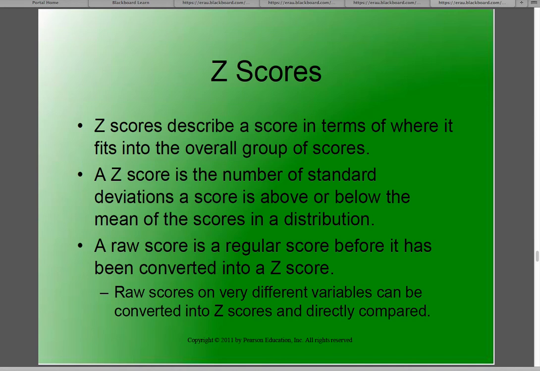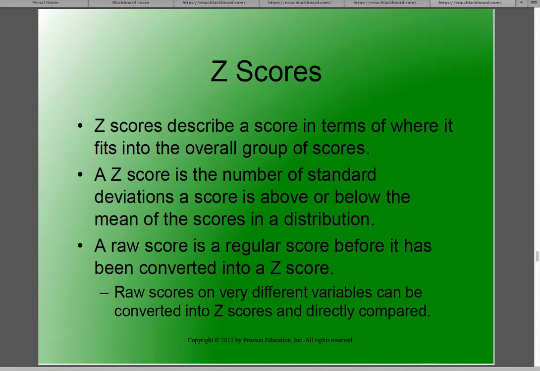Now, z-scores are a way to represent how far away a particular score is from the mean, but rather than using raw score measures, if we were dealing in airspeed, or mean weight or what have you, we would be able to compare different variables by standardizing those scores.